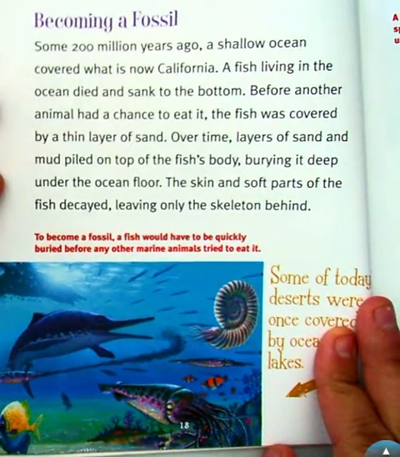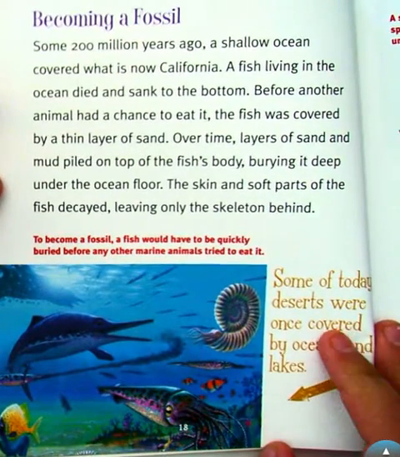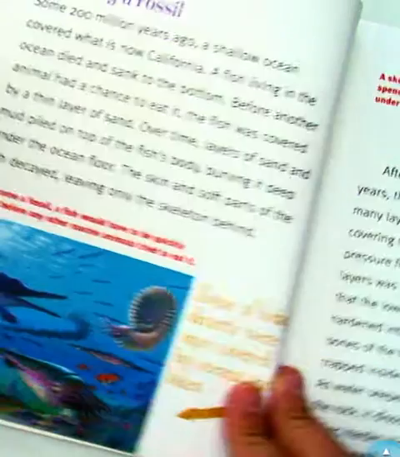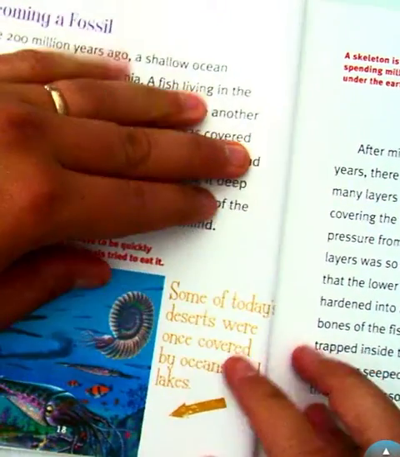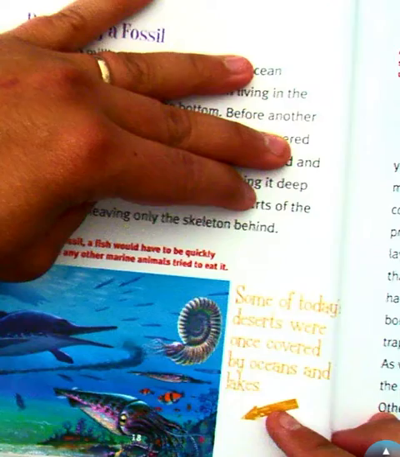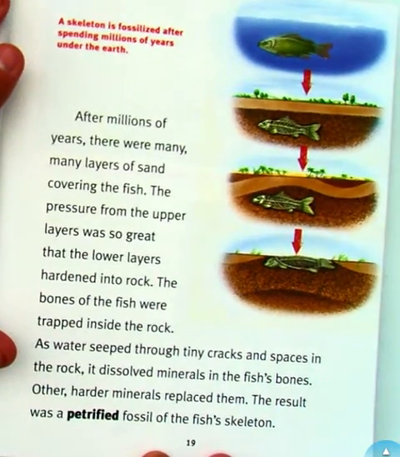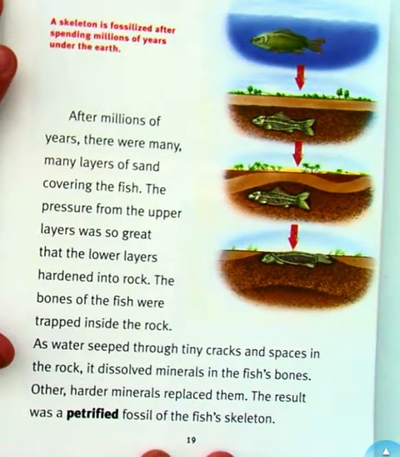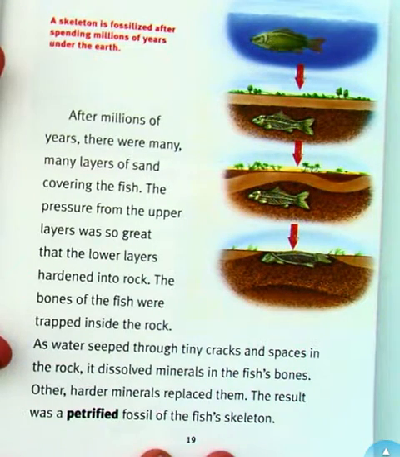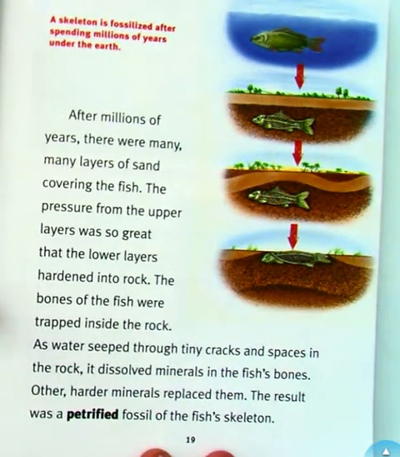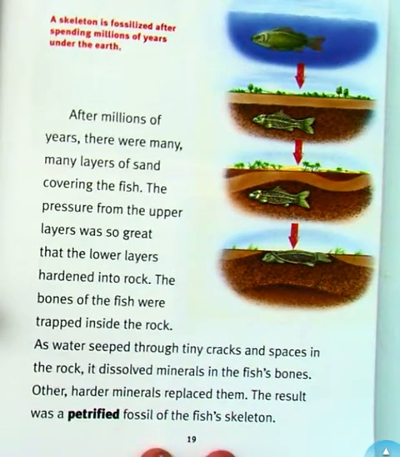Some of today's deserts were once covered by oceans and lakes. A skeleton is fossilized after spending millions of years under the earth. After millions of years, there were many layers of sand covering the fish.